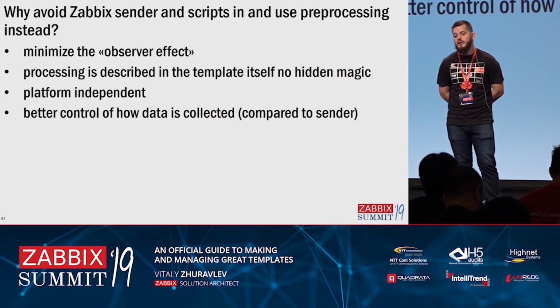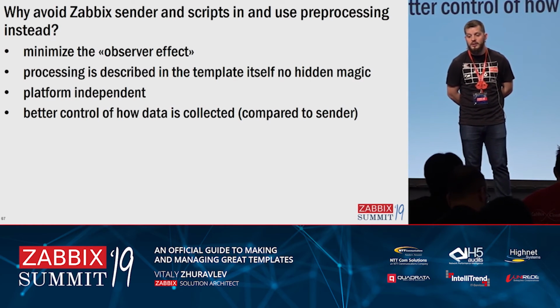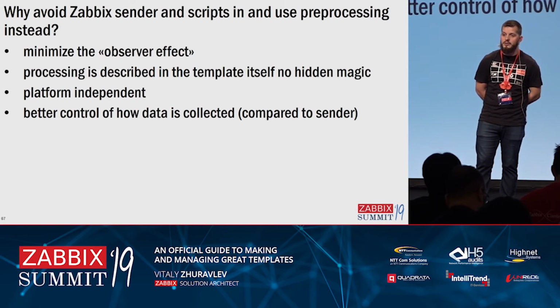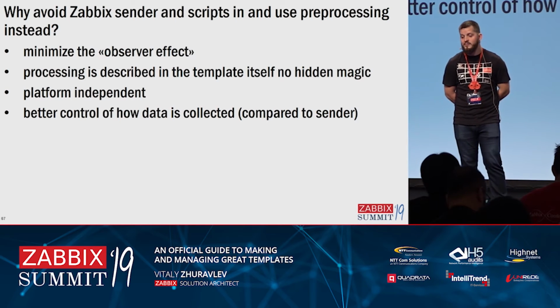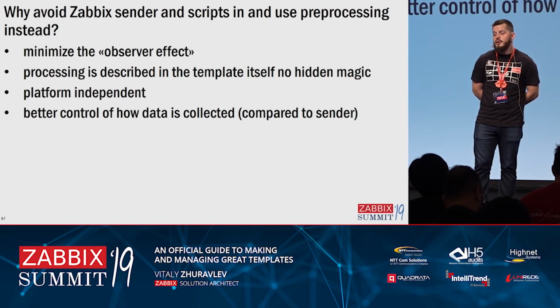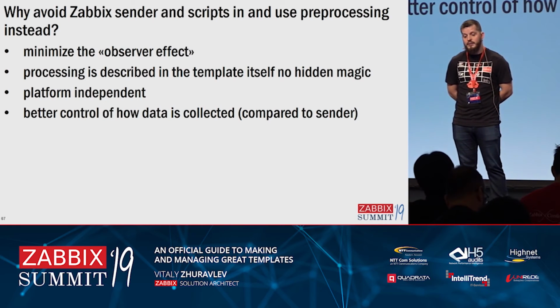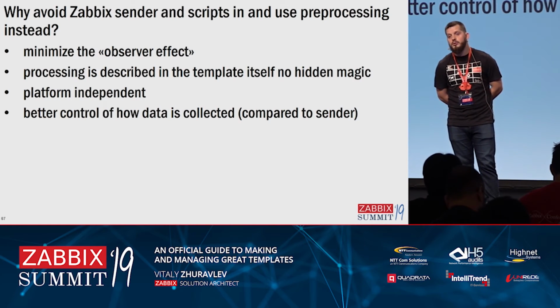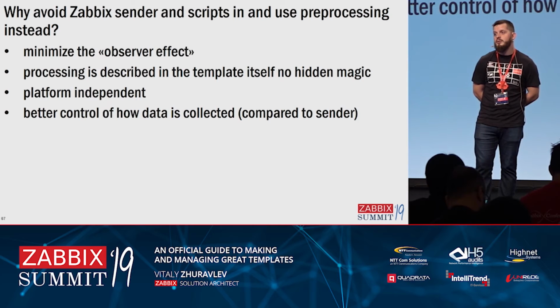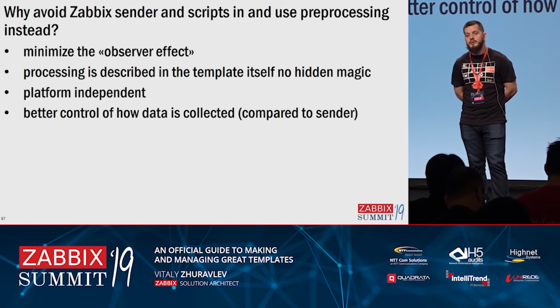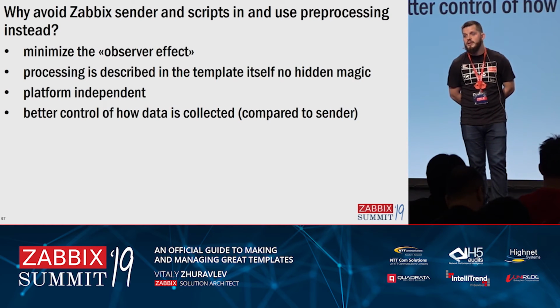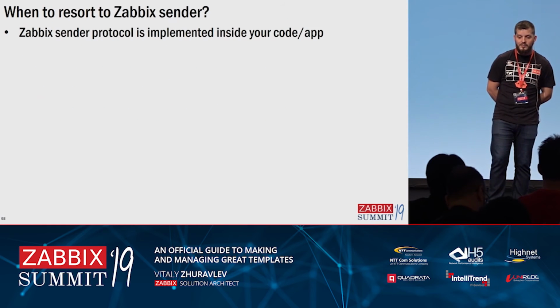Also, all processing is described inside the template, nothing hidden, everything is available to be explored. And it's more platform independent, and finally you have much better control over how data is collected compared to data sender that's kicked in by some crontab or something like that.